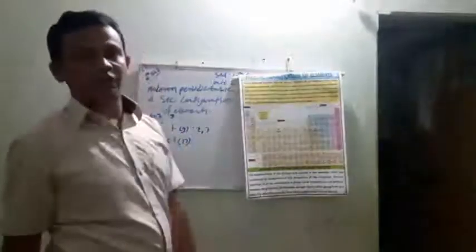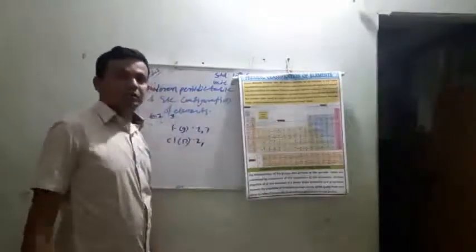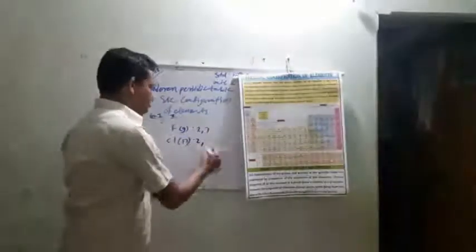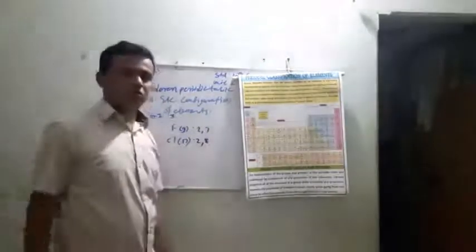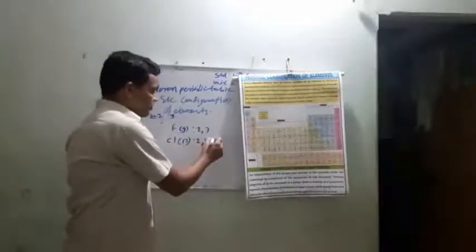Similarly, chlorine having atomic number 17. In its electronic configuration, you will find in the first orbit there are 2 electrons, in the second 8 electrons, and the last one, 8 plus 2 is 10, the remaining 7 electrons are present in the last shell.